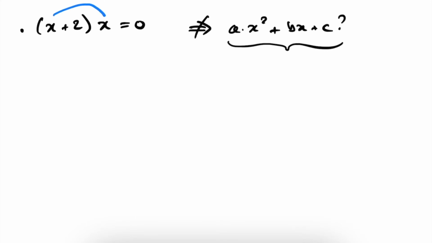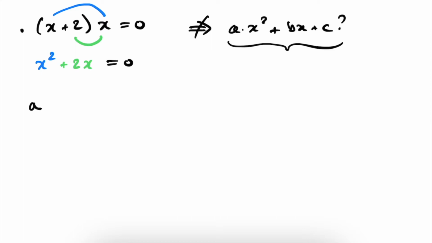So we first multiply these two. So this will be x squared. And then we multiply these two, which becomes 2x, which is equal to 0. And now we do have exactly this form of equation.